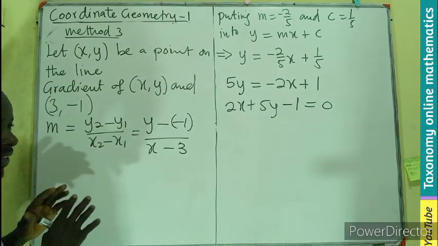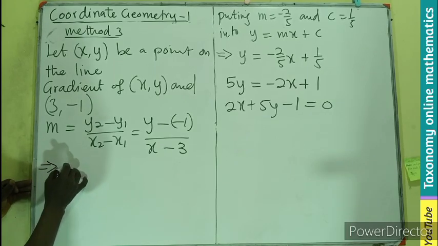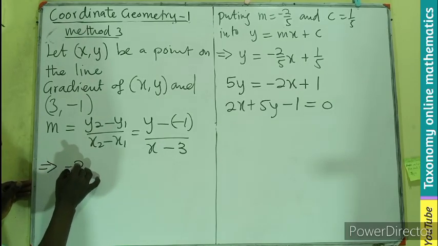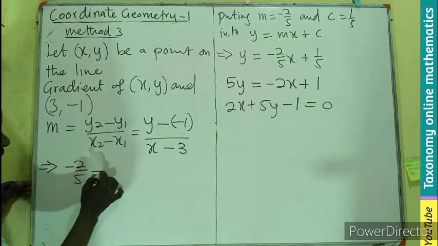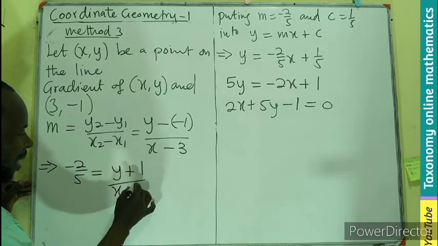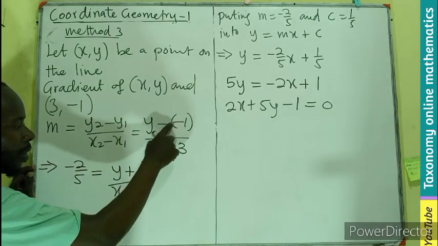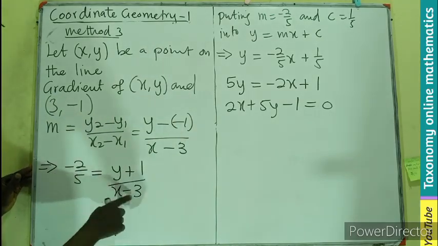So that says if all the gradients are the same, we can easily imply that the gradient given in the question, minus 2 on 5, is the same as y plus 1 over x minus 3. Don't forget this is what? Negative, negative becomes positive. So let's cross multiply.